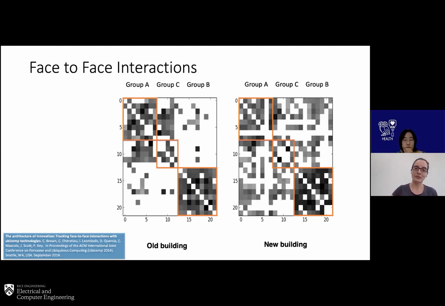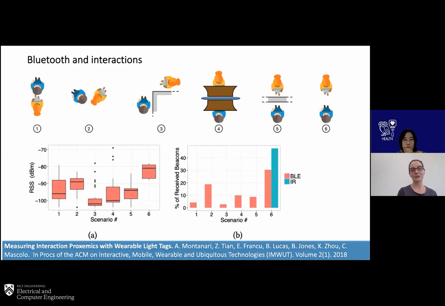The reason why I brought this up in the seminar is because, as part of this study, we also looked at how different radios, Bluetooth and infrared, but especially Bluetooth, which is now considered very much for contact tracing in the era of COVID, perform in various scenarios.